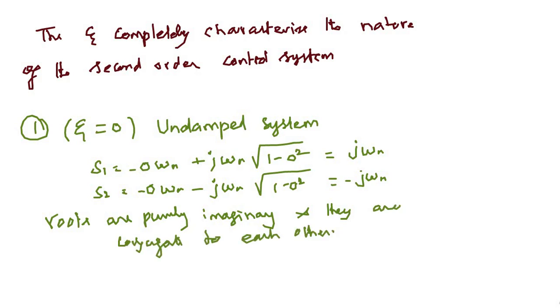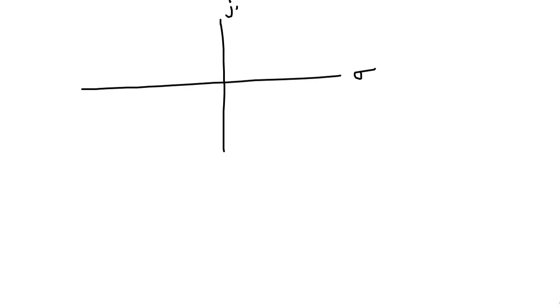If I draw these roots on the S plane, this is the real axis and this is the imaginary axis. So this is the origin of the S plane where S is equal to j omega. Just remember S is equal to sigma plus j omega. Then you have one root at j omega n.